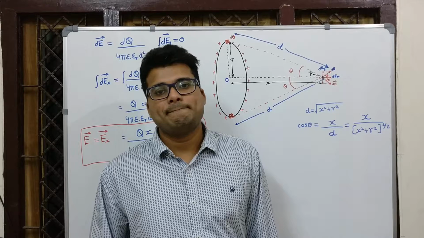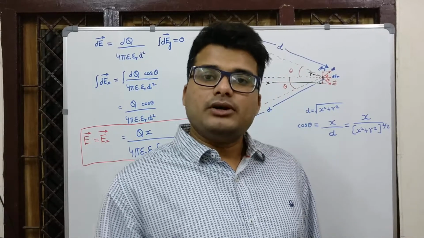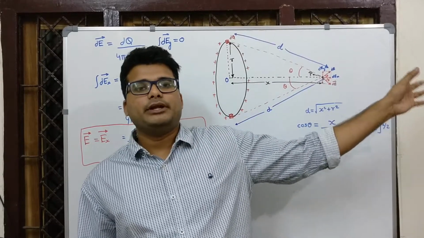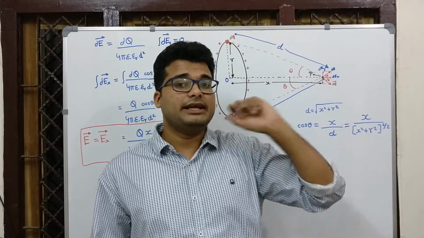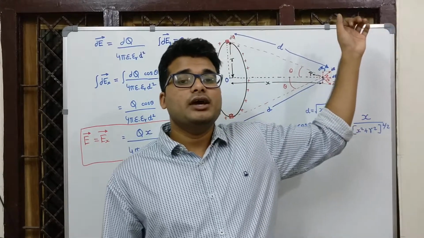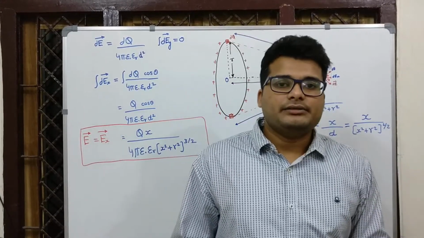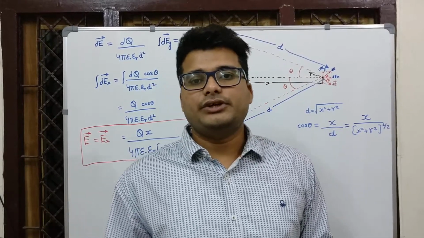Agreed? But the Ex component is not. So because of symmetry, all the Ey and Ez components, all the components which are perpendicular to Ex, will get cancelled, because for every point above there is a point below which will negate that. So the integration of dEy or dEz goes to 0.